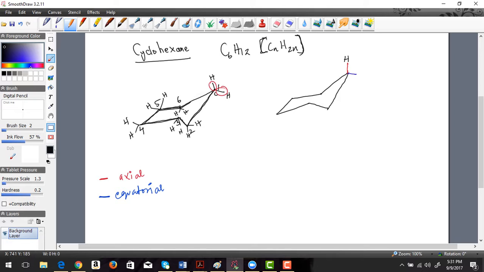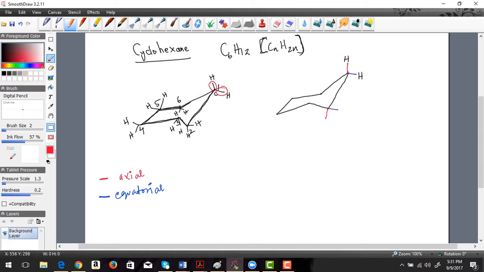Each carbon has a set of axial and equatorial bonds. An axial bond contains a hydrogen, and the equatorial bond contains a hydrogen. Right, let's come back again, and this is your equatorial, and this is going to be your axial.